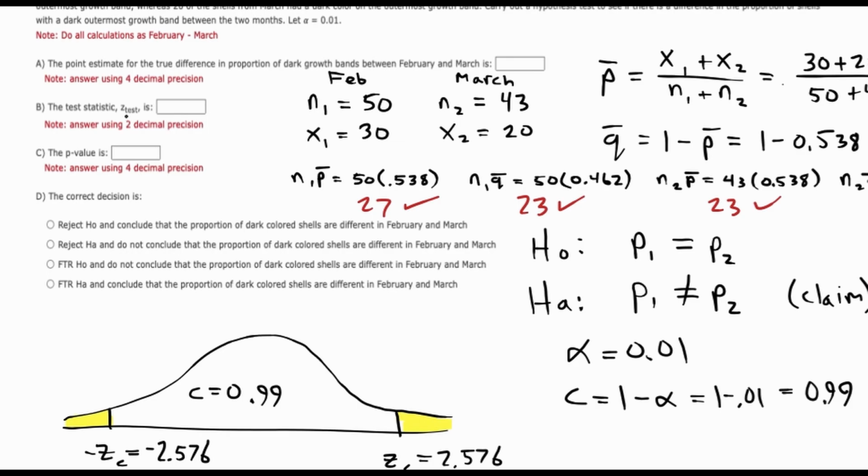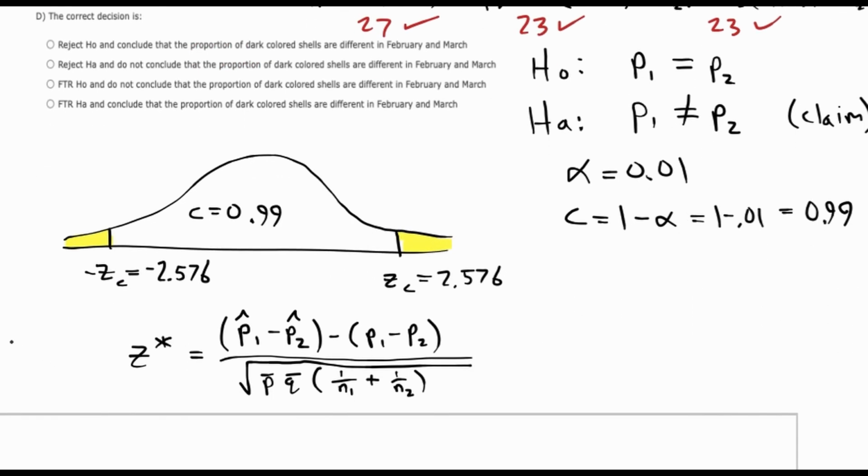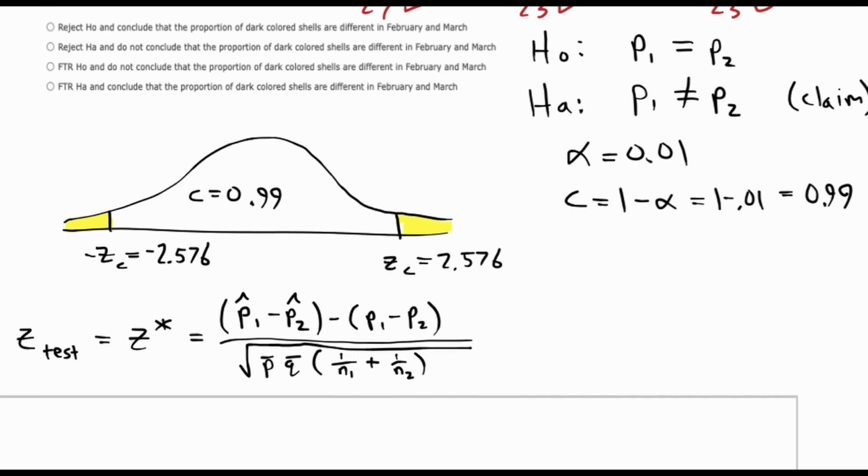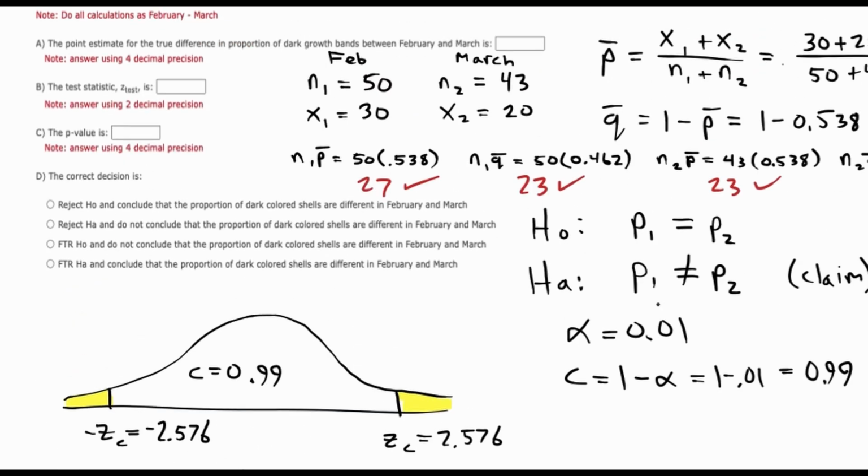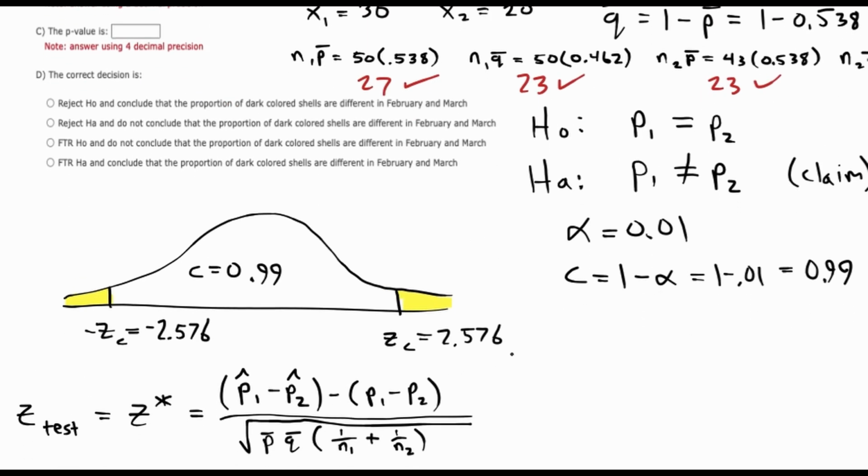You may see it written sometimes as z-test, but that is what they're talking about there, z-star. Let's find out what the empirical proportions are for these months.